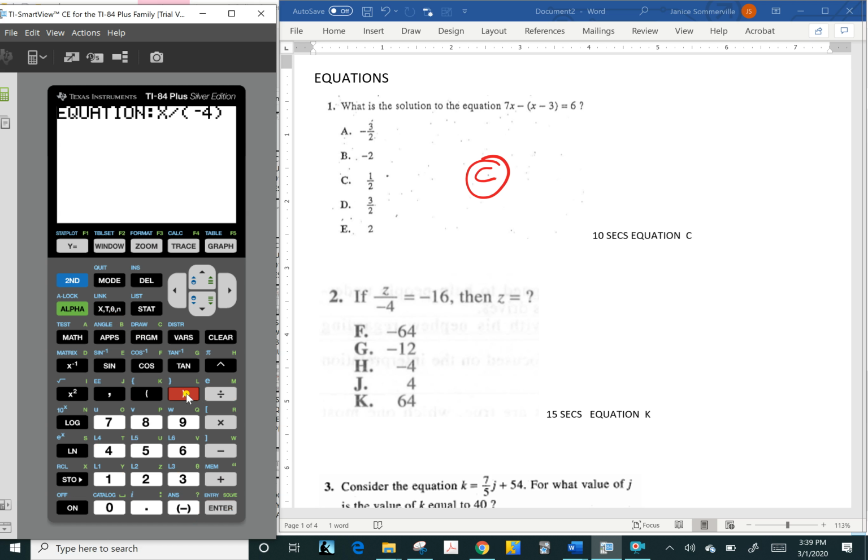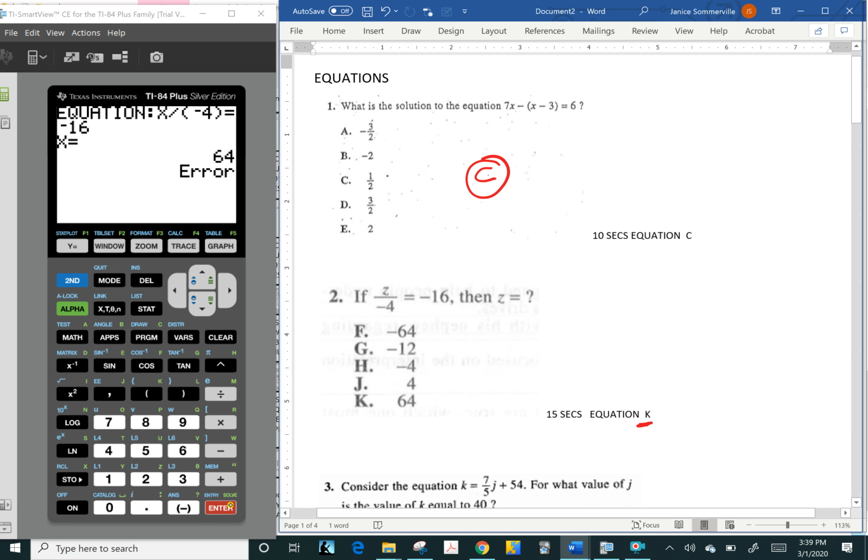It's just because it's a negative number. Then we come up to second math equals, and again it's negative 16, so we use the one down here in parentheses, and we hit enter, and it says x equals 64. I quit. And what do we do? We're looking for k. Yep, it's 64.